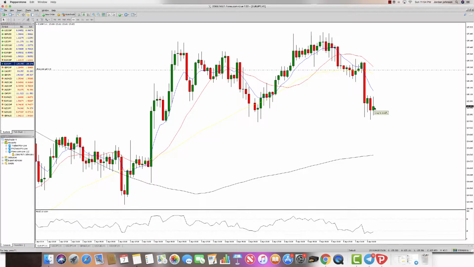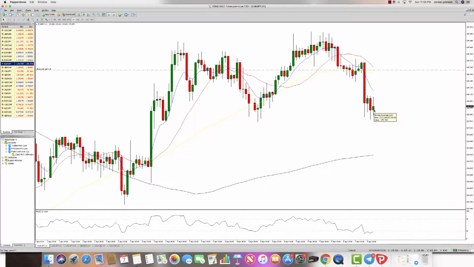I'm currently in profit. And why am I in profit? I am in profit because I sold. Remember, you can only buy or sell. You buy when you think price is going to go up. You sell when you think price is going to go down. So because I sold and price went down, it's currently down, I am up.